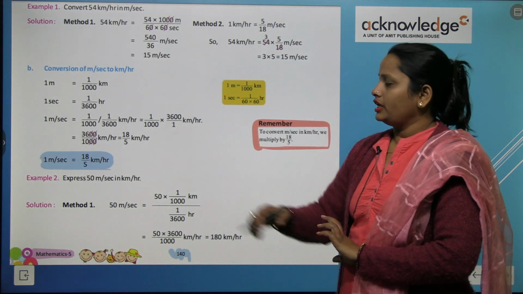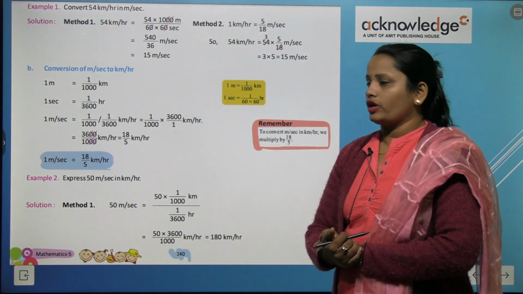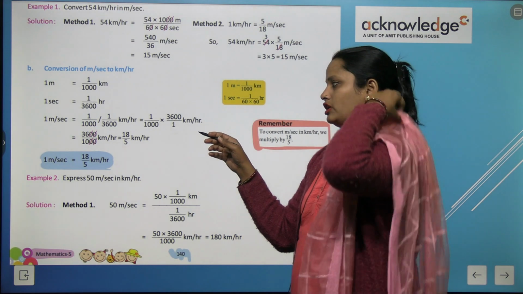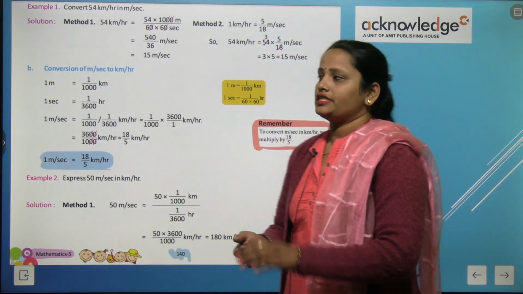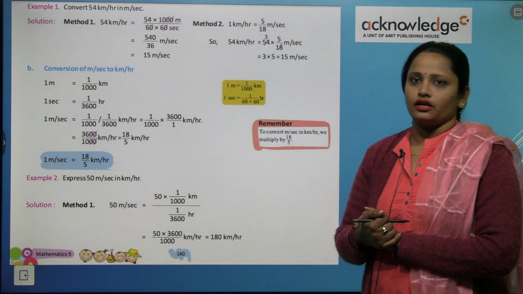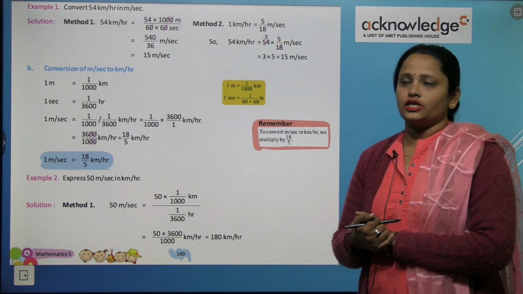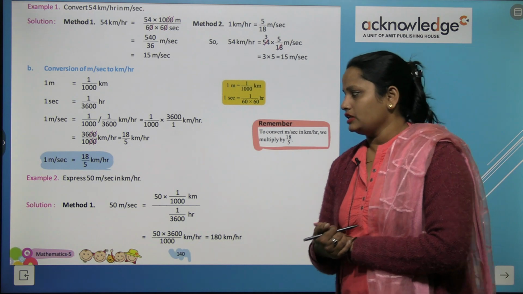Now there is a division sign, so we will take the reciprocal, and we get 3600 upon 1000, which is 18 upon 5 kilometer per hour. So here 1 meter per second is equal to 18 upon 5 kilometer per hour.